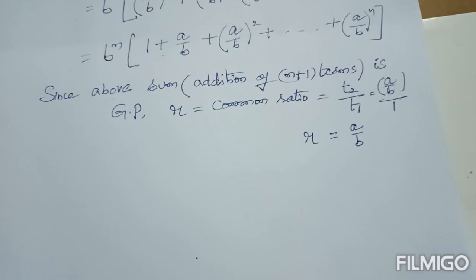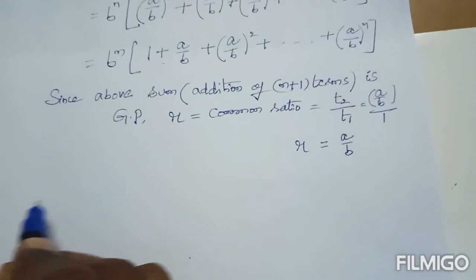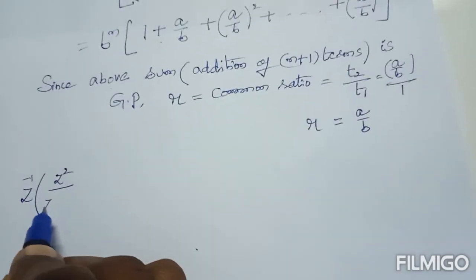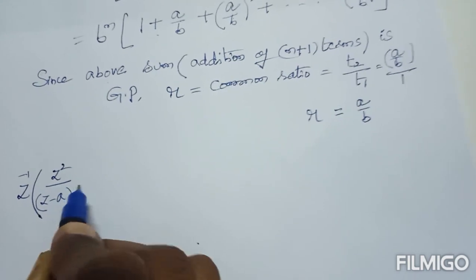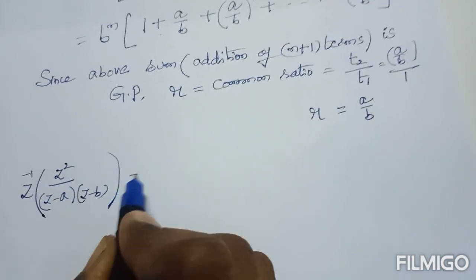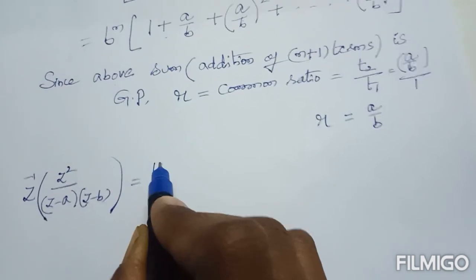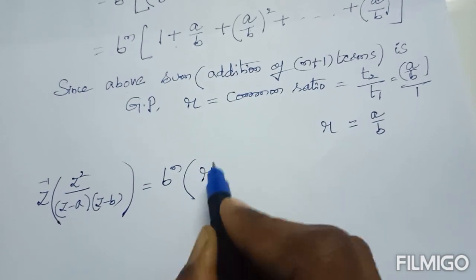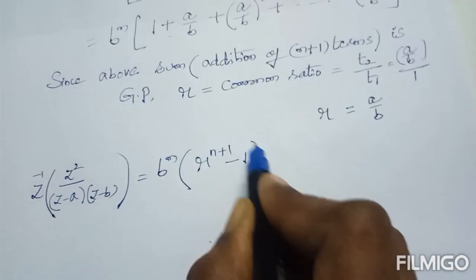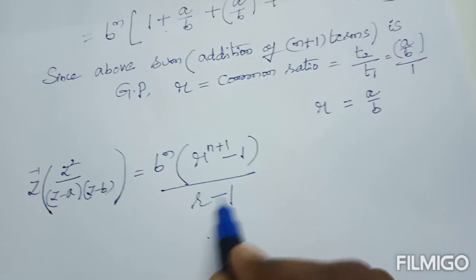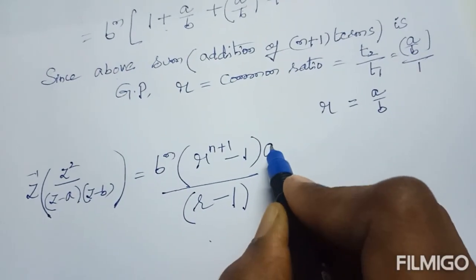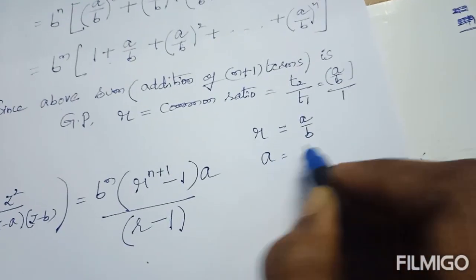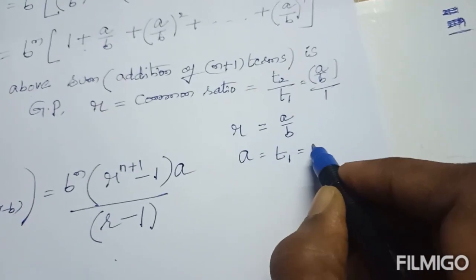Now the left side is the inverse z transform of z square by (z minus a)(z minus b), which equals b^n times the sum, (r^(n+1) - 1) by (r - 1), into a. According to the formula, a is nothing but the first term, a equals t1.